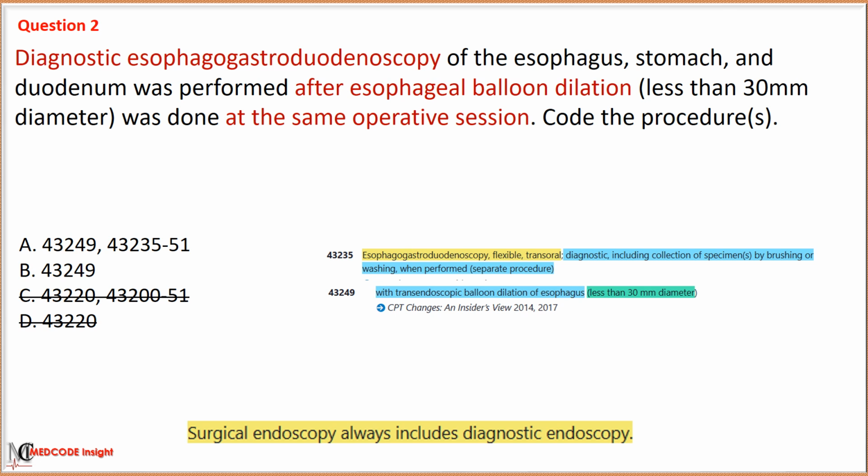Always remember that surgical endoscopy always includes diagnostic endoscopy. This means code 43235 is covered under the surgical endoscopy code 43249 when performed together and should not be coded separately. Therefore, the correct option is option B with code 43249.